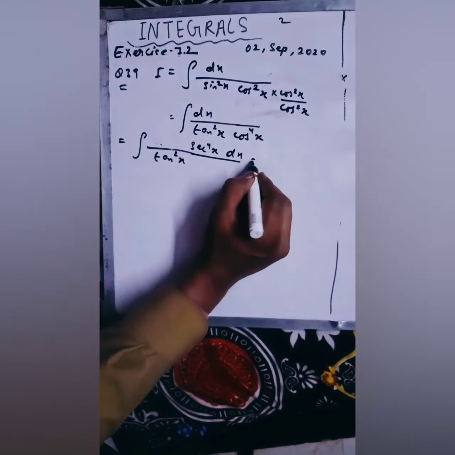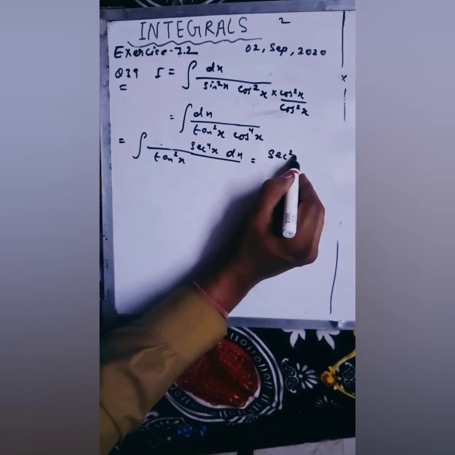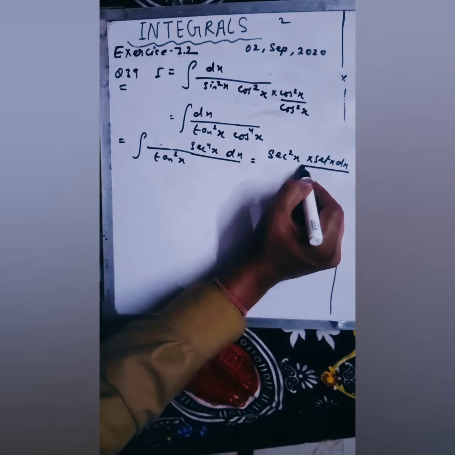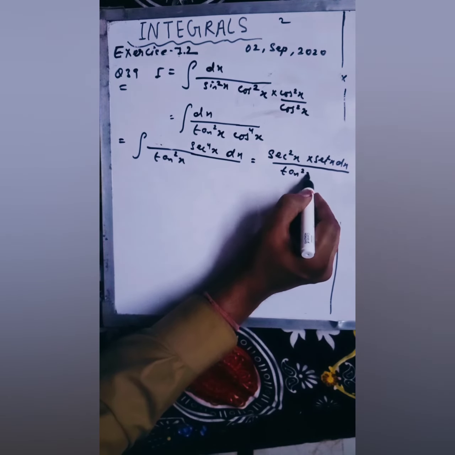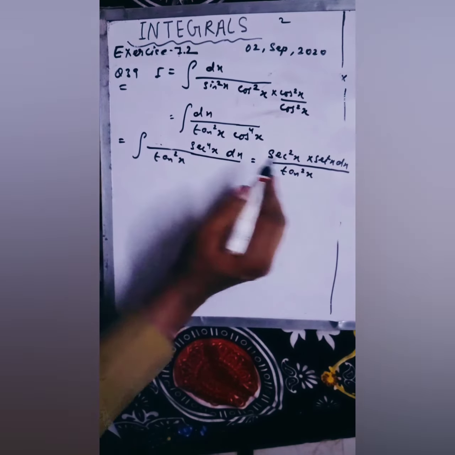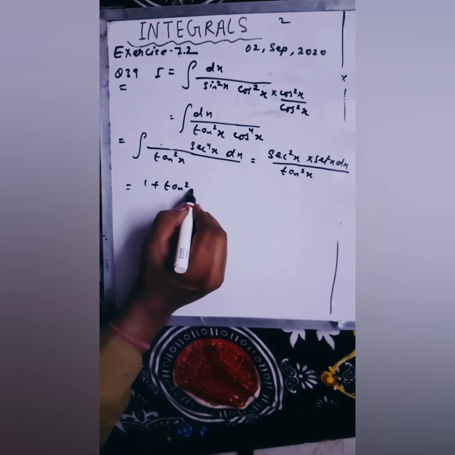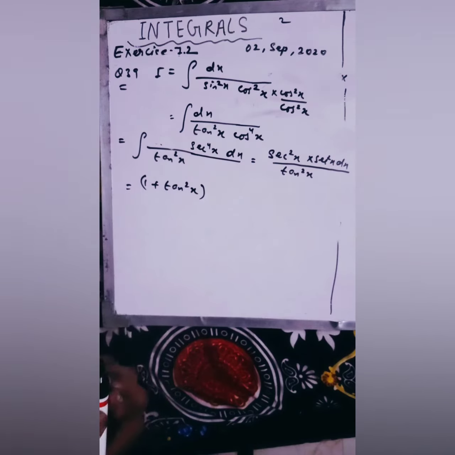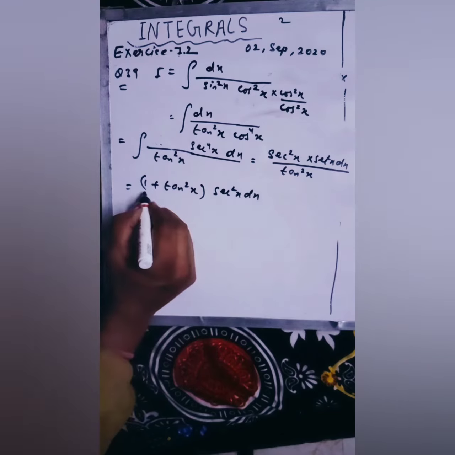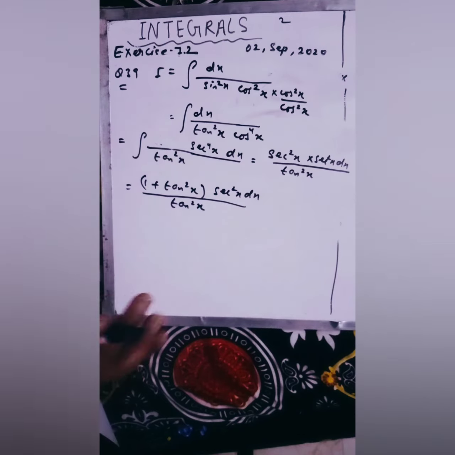Fine. Now I'm breaking this sec raised to power 4 as sec square x into sec square x dx over tan square x. Okay, and in place of one sec square x I'm writing 1 plus tan square x, and the other sec square x will remain the same, and in the denominator this tan square x will remain the same.